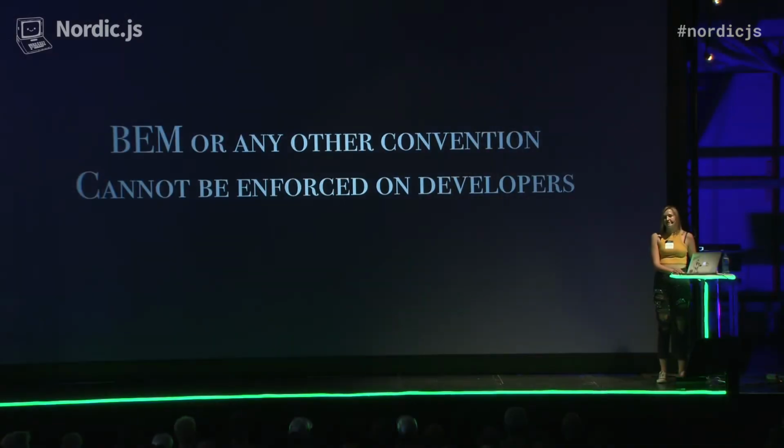You cannot enforce any convention on your developers. It's really hard, actually. So if your team agrees on something, on using BEM, for example, on naming conventions, on all of that, that's fine. Maybe it's going to work for you. But it's really, really hard, and from developer perspective and experience, I would say risky.